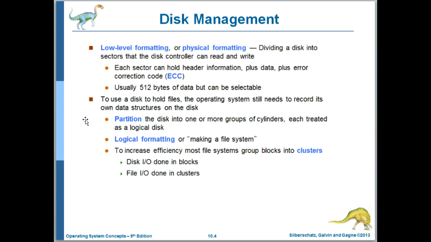So in Windows, a different drive letter, or in Linux, just a different disk. Then once the disk has been partitioned into logical disks, file systems can be created on those logical disks.